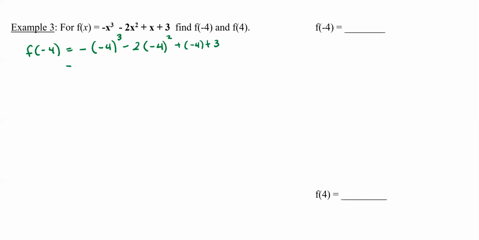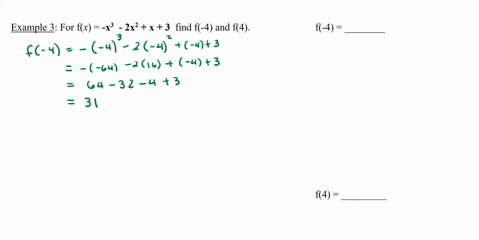Now from here, we're just going to calculate this. So f of negative 4 is equal to 31.